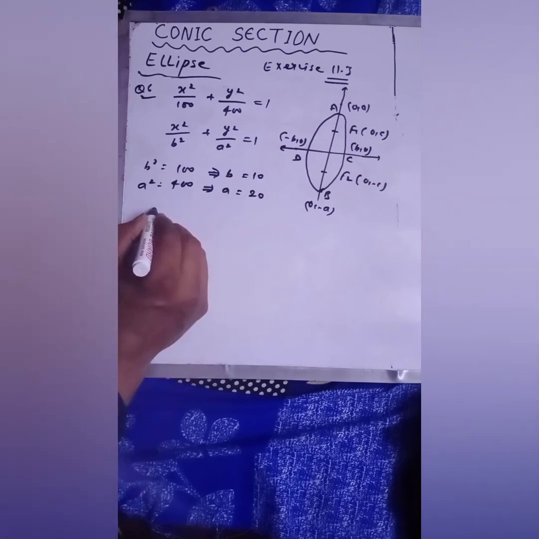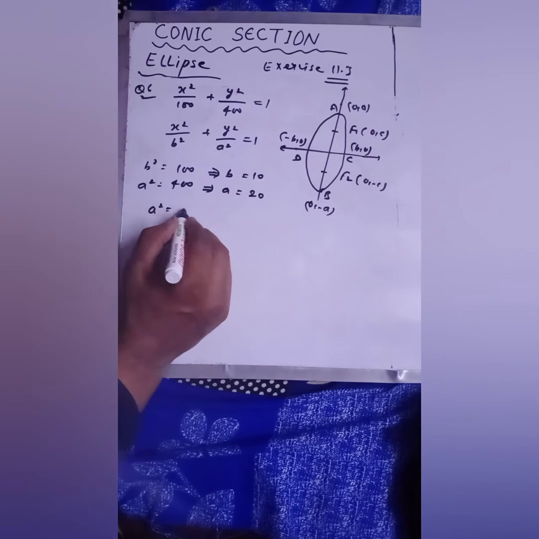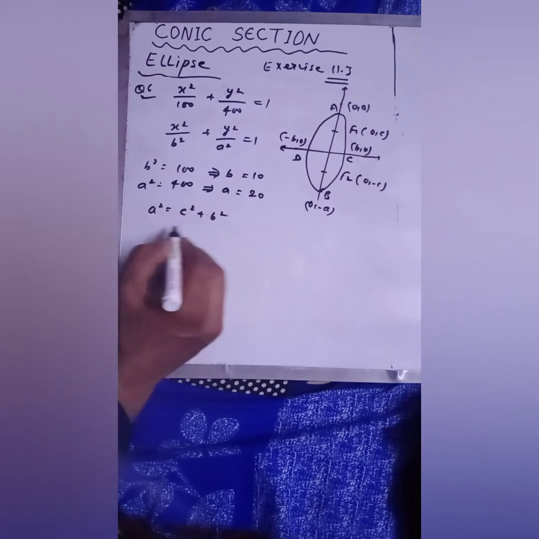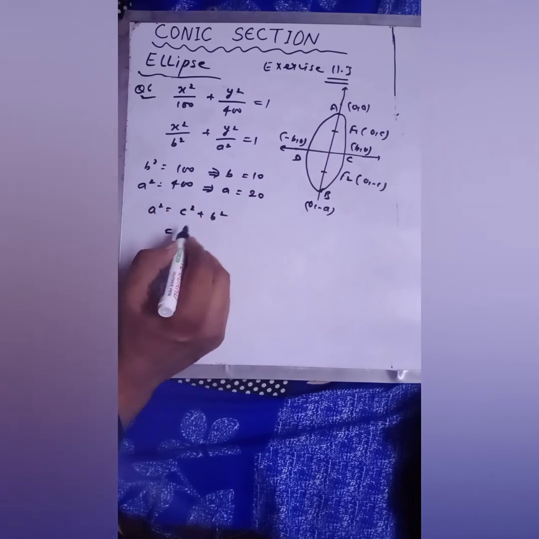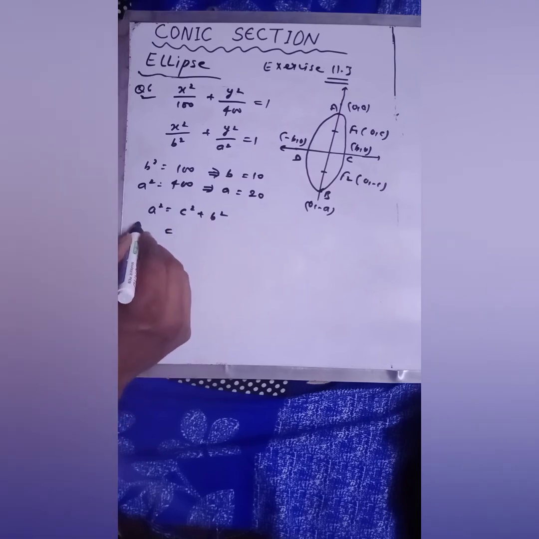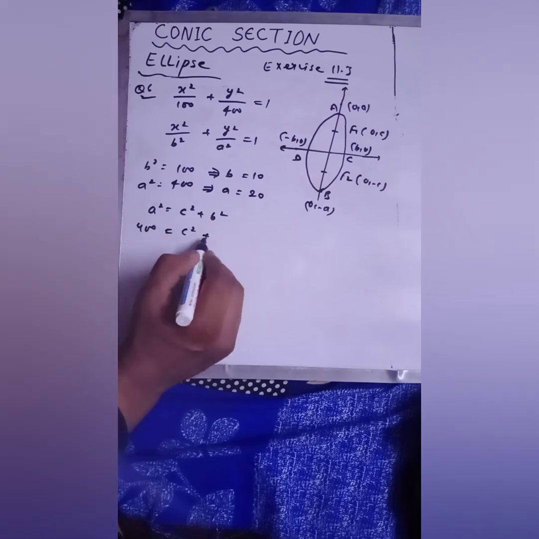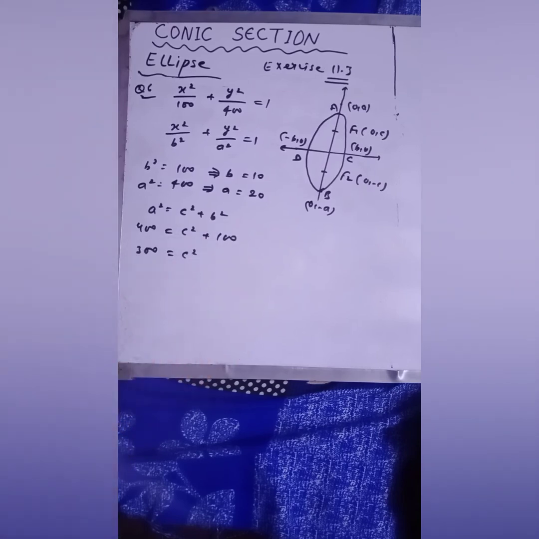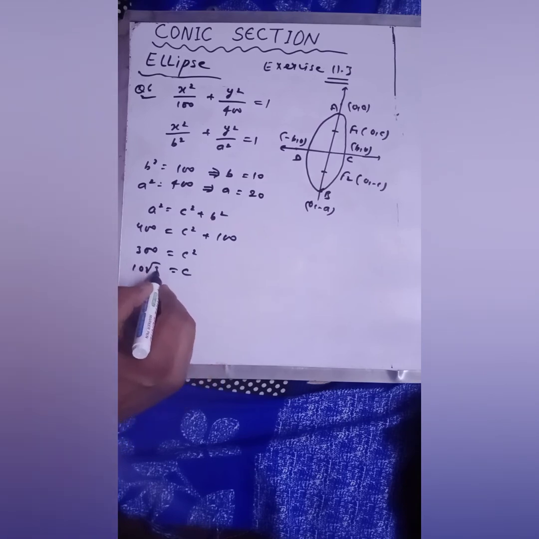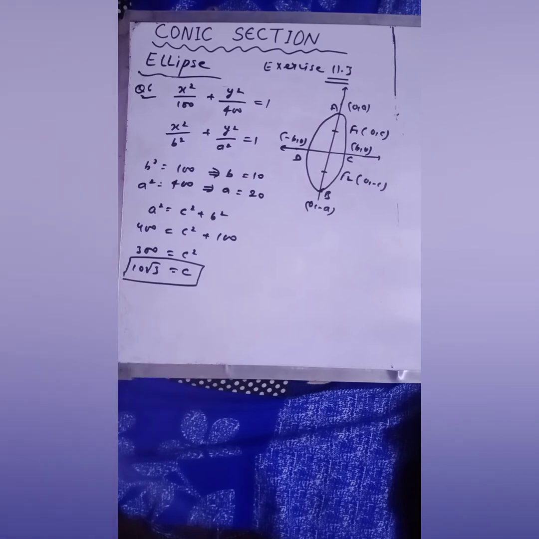This is the formula: a square is equal to c square plus b square. Fine. Your a square is 400, c square plus your b square is 100, so your c square would be 300. So your c can be written as 10 root 3. Okay, so this is the formula to find c.